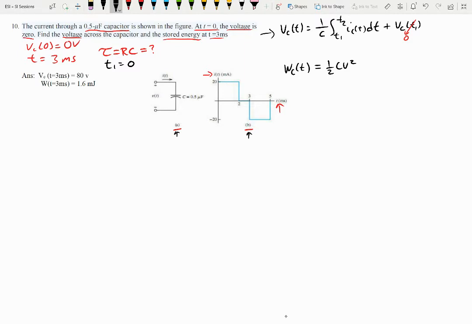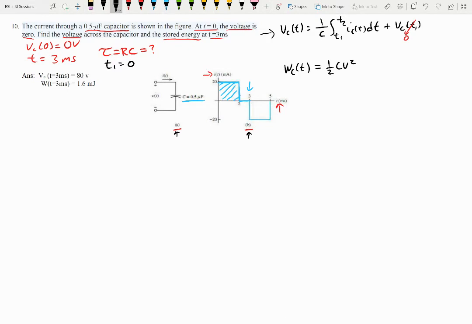Now, we can use this equation and the knowledge from this A and B, and we can integrate to find these values. You'll notice here that this contains our capacitance value, and we're going only to 3 milliseconds. So we have this bit, and that bit. We're only concerned with right there.